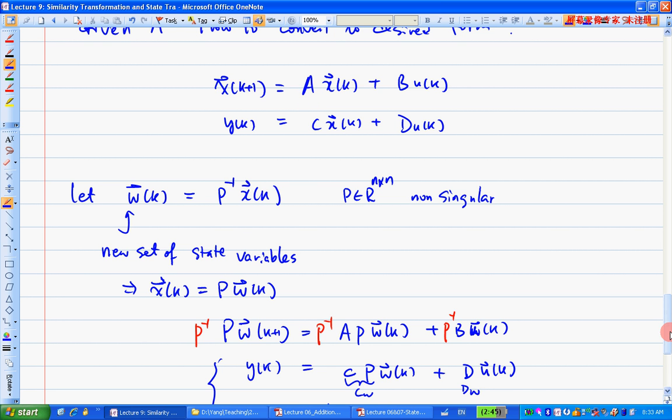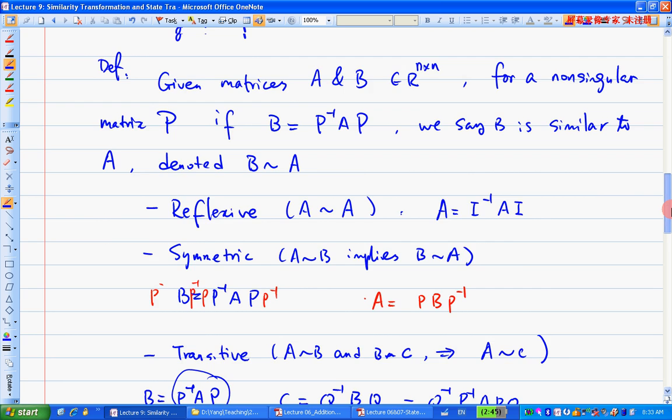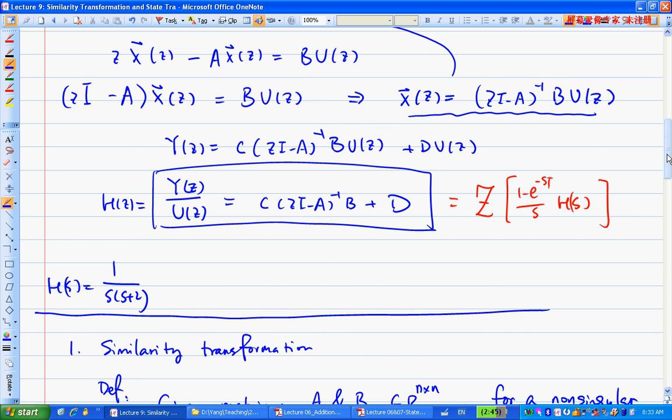Let me show you here. Look at this one. This is a Z transfer function, right? So what's on the denominator here? Not A, but zI minus A. That's basically on the denominator. Technically, if it's scalar, this is going to be on the denominator.